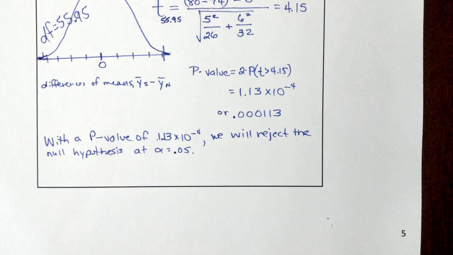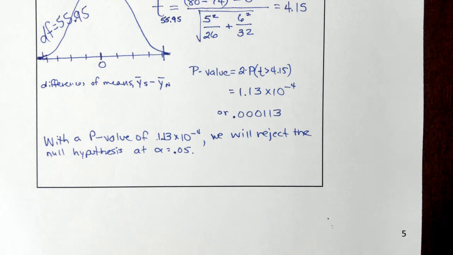It's just a choice I'm making. You can use any reasonable alpha level here, still going to reject. So first sentence has to have linkage of p-value, alpha level, and a decision about the null.